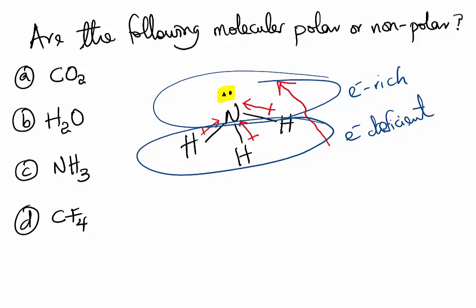And because of that, ammonia is said to be a polar molecule.